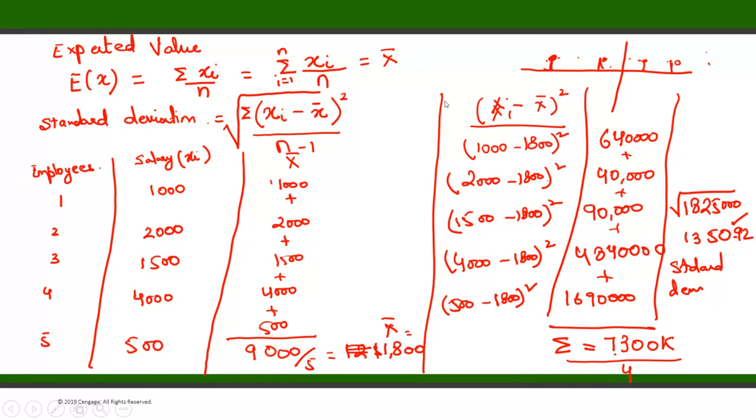So we got two things. We got an average value of the whole data, and we got standard deviation.